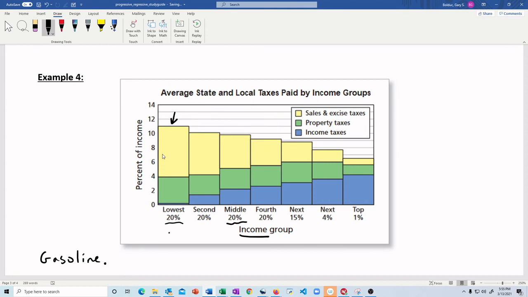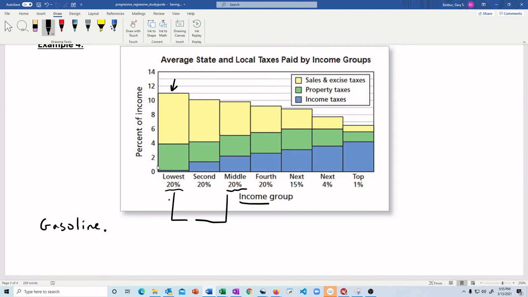If they don't drive a different amount, then they're buying the same amount of gas, and they're paying the same amount of tax, just in dollars. So if these two groups in the gasoline example buy the same amount of gas, what does that mean?